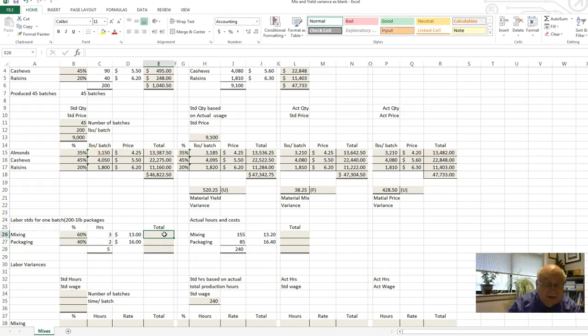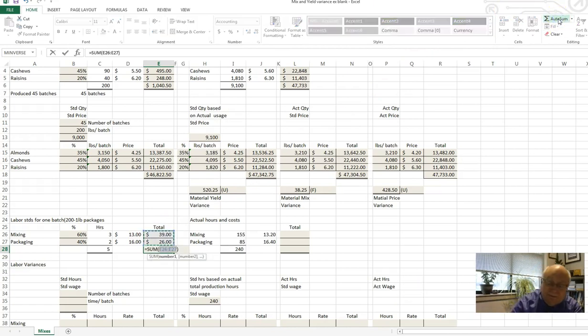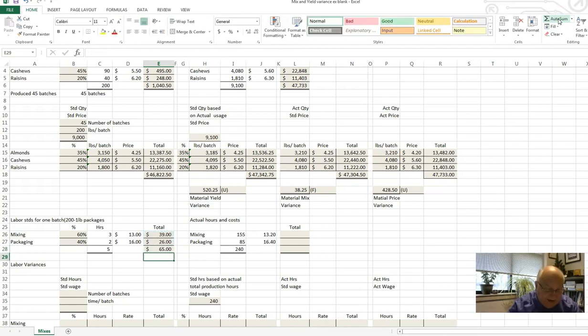Okay, and our total here is with these two models, 3 times the 13 and 2 times the 16 for a total of $71.